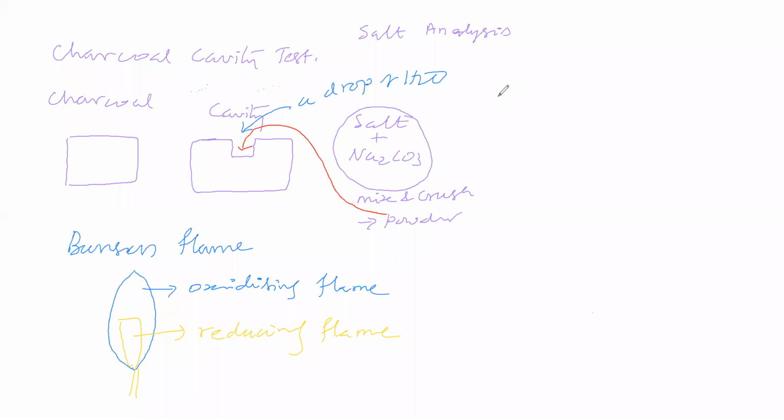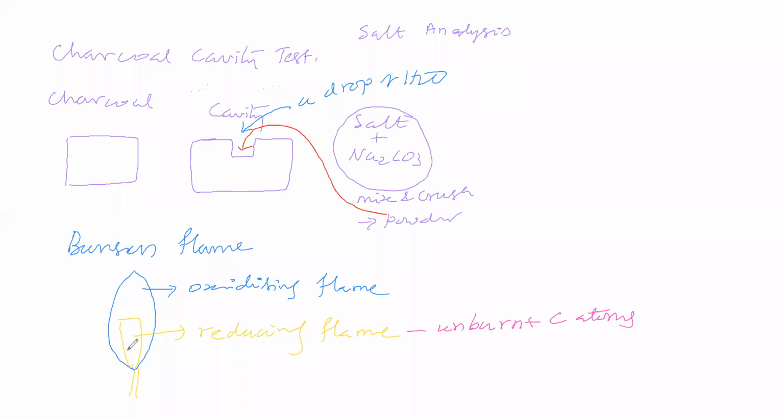This reducing flame has unburnt carbon atoms. Therefore, it provides carbon atoms, making another substance undergo reduction, so it is called a reducing flame.